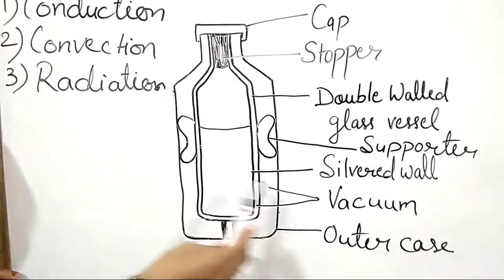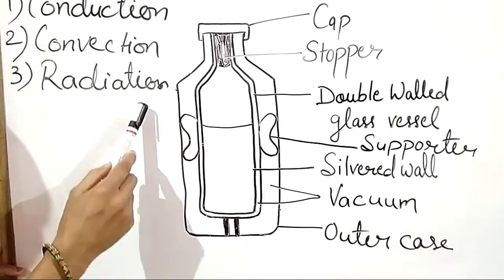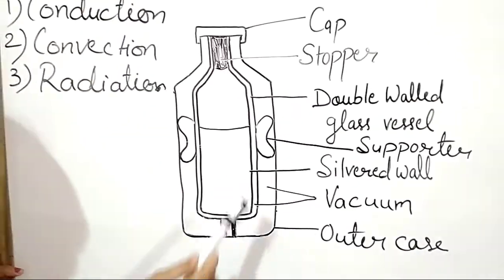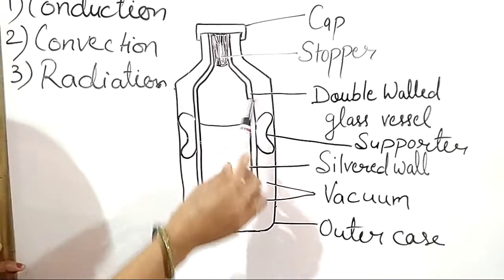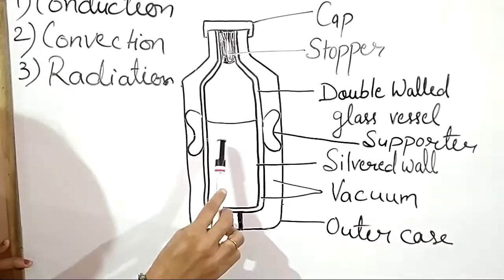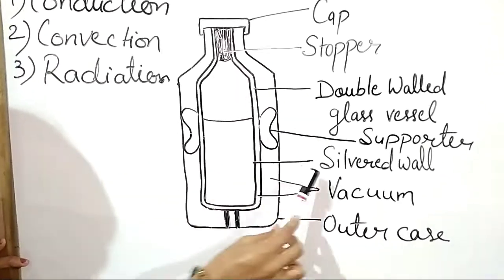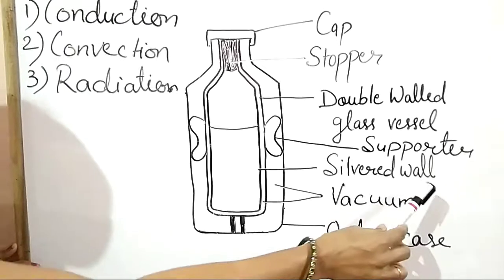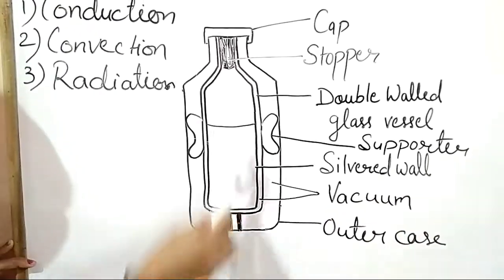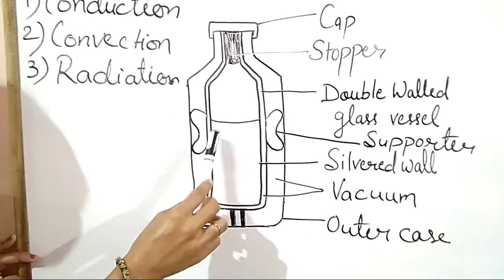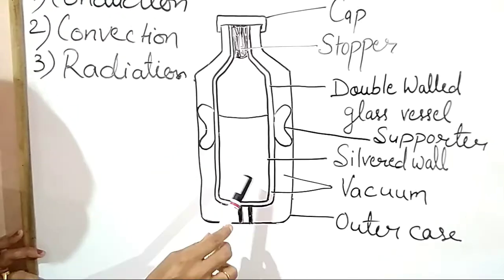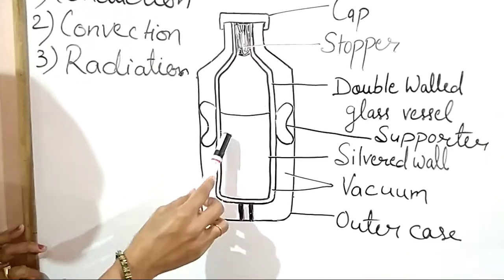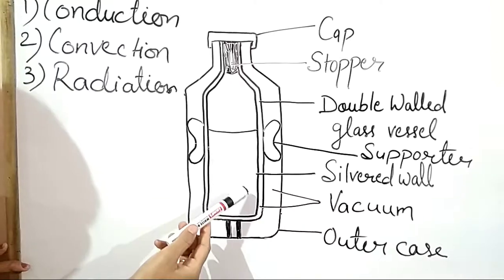Now we will see how this bottle minimizes the radiation. So here you can see the inner wall of this glass vessel is silvered polish. That's why it is known as silvered wall. Its inner layer is silvered polish and it is very shiny. And as we know, the shiny surfaces are good reflectors.